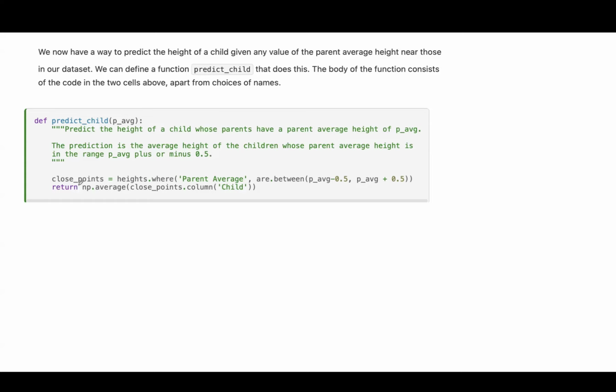These are close by points. All the heights where the parent average are between p average minus close by points are defined like this: p average minus 0.5 inches and p average plus 0.5 inches.